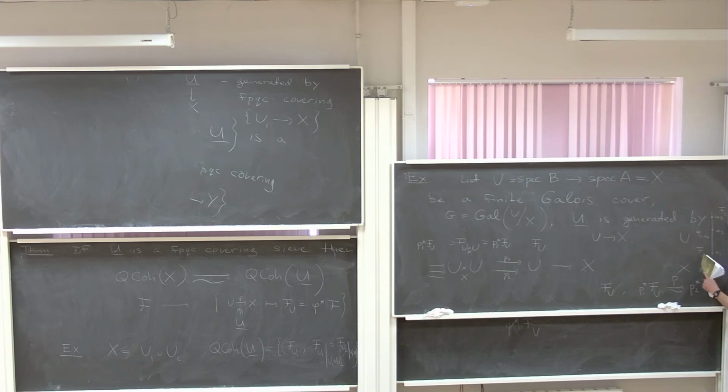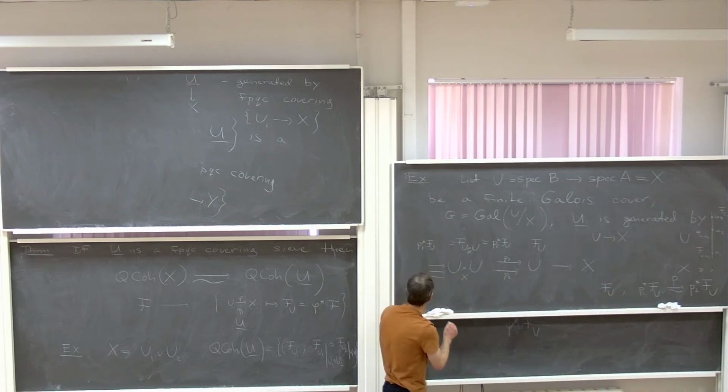I can either identify directly using only u1 and u3, these two fibers, or I can first identify it with this fiber and then compose it with the identification between these two fibers. And I want these two isomorphisms to be equal. That's my condition.